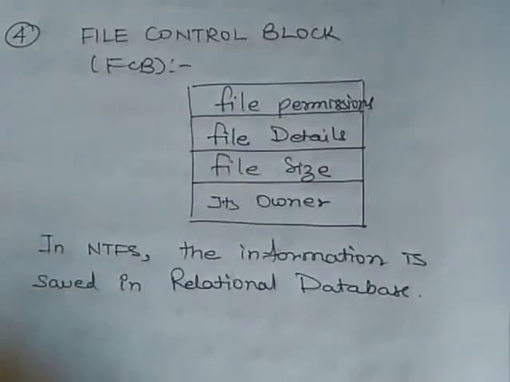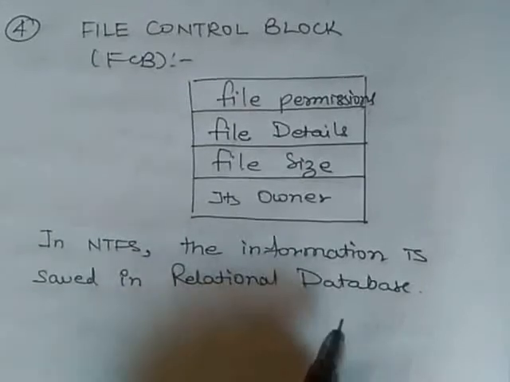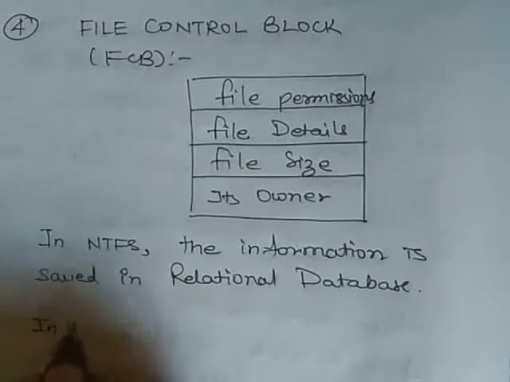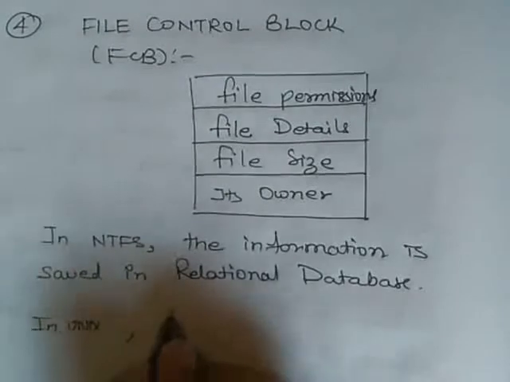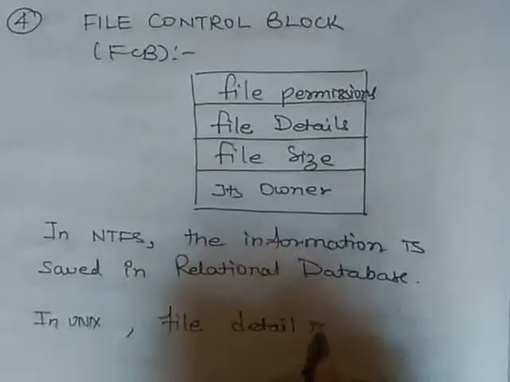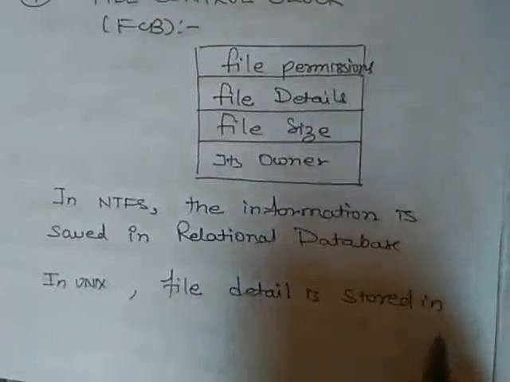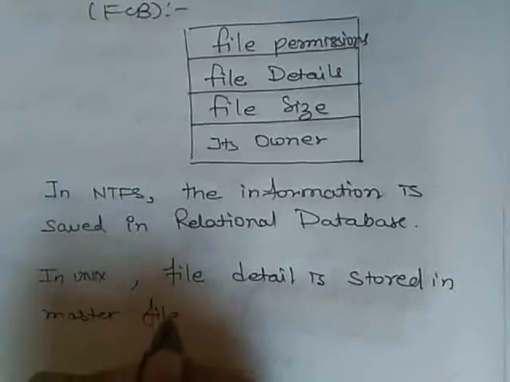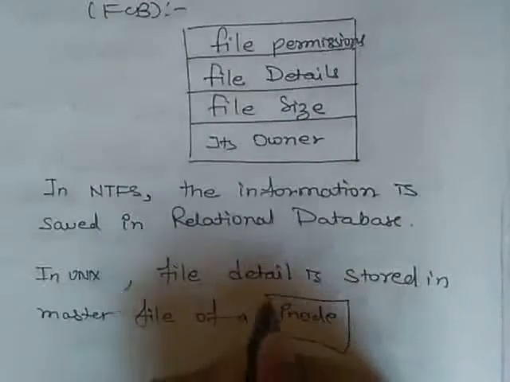As we have different types of databases, the information is stored in rows and columns in the NTFS system. Now in Unix, that is the Unix operating system, file details are stored in the master file of an inode system.